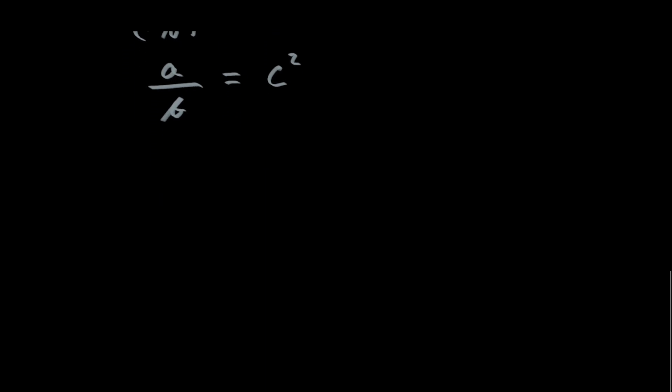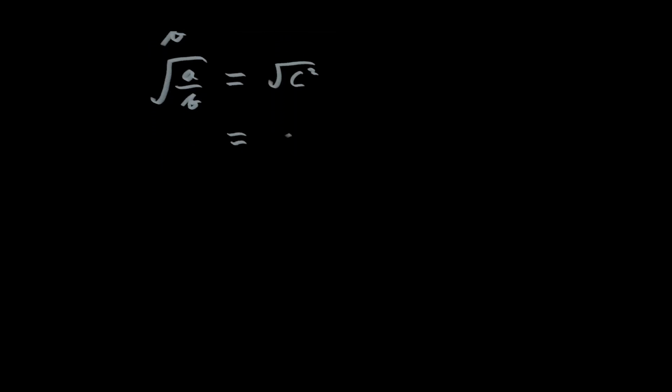But now we can take the square root on both sides. On the right-hand side, we'll have the square root of c squared, and on the left-hand side, the square root of a divided by b, the square root of the quotient of a and b. On the right-hand side, the square root will undo the square, and we'll just be left with c, and we'll still have this quotient a over b on the left-hand side.